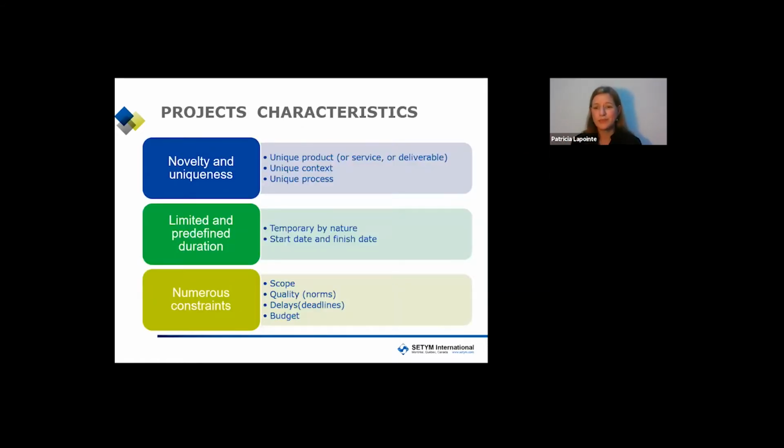Okay, so I'll try to be quick. Every project is unique, even if you're constructing a road 1 kilometer or 100 kilometers, every project is different. They're unique in the context they're in, unique in the process. So the way you construct your road in a certain rural area versus the capital will be different.